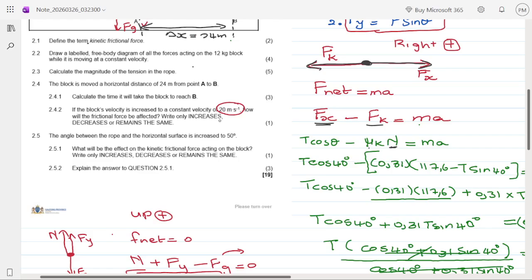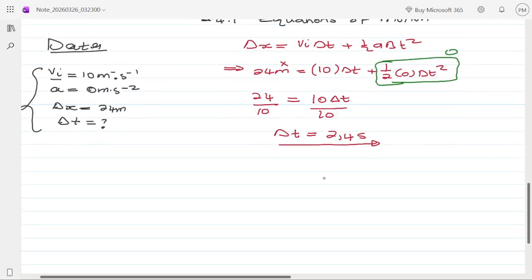Before we answer this question, let's focus on the frictional force. Remember, how do we calculate the frictional force, guys? The formula we use is Fk equals the coefficient multiplied by the normal force.